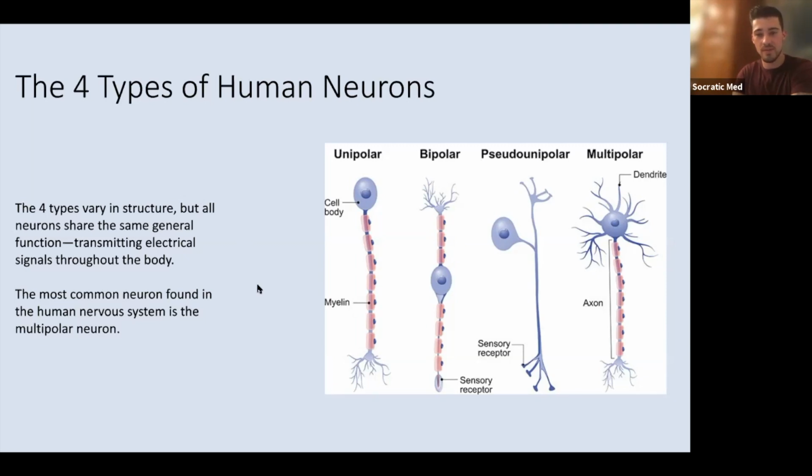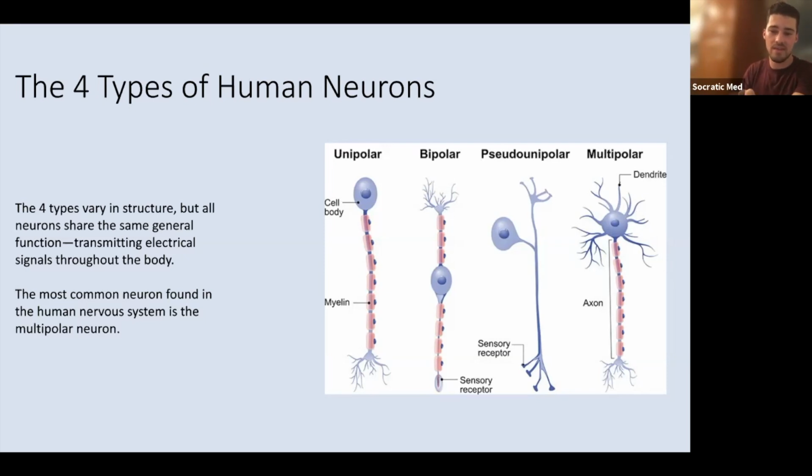But if you take a look at these over here, we have unipolar, which just has a cell body with no dendrites coming out of it. A bipolar neuron, you can see the cell body in the middle, and it has two axons. They're myelinated. The pseudo-unipolar one has a cell body that's coming off of the axon, and the multipolar one is the one that we've already studied with dendrites coming out of the cell body.